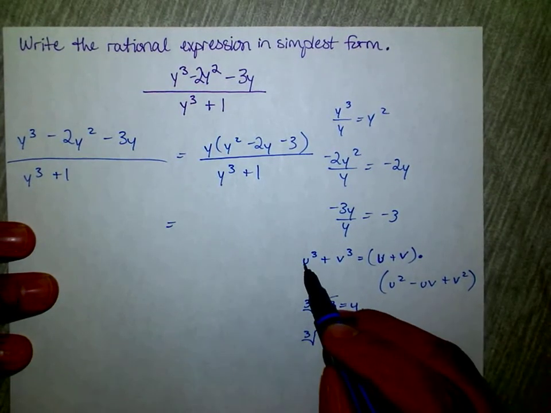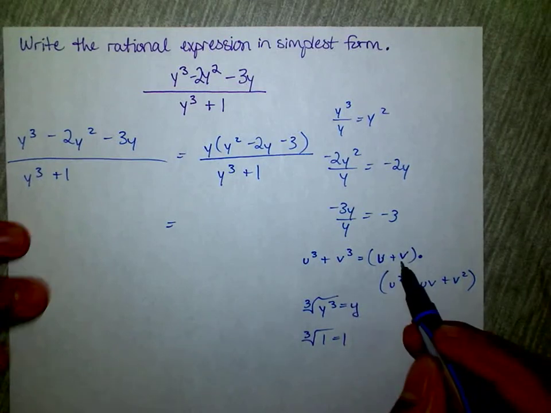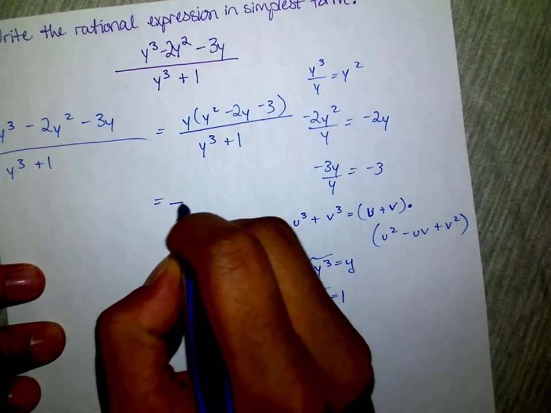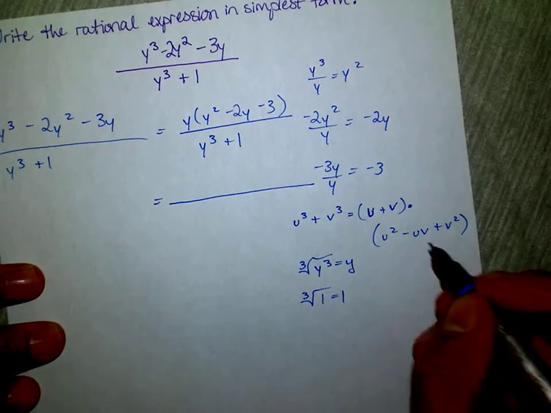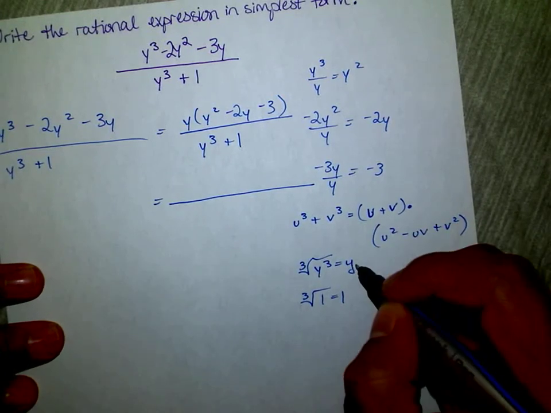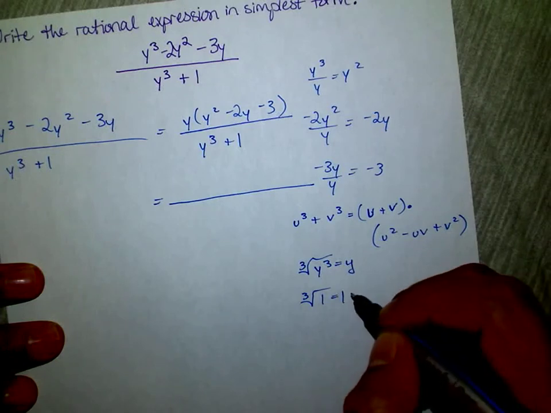So u is going to be y, and v is going to be 1, and we just fill it into our formula. So if I fill that into my formula correctly, on the bottom, y is going to be u, and v is going to be 1.